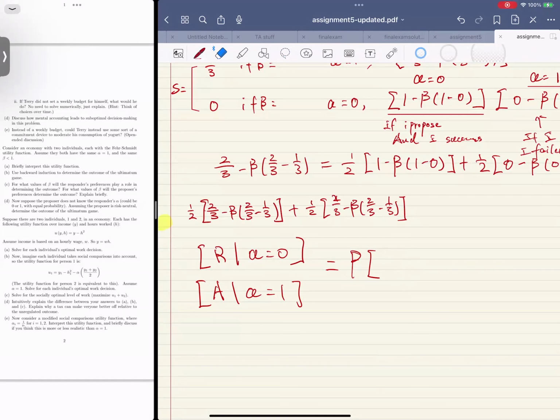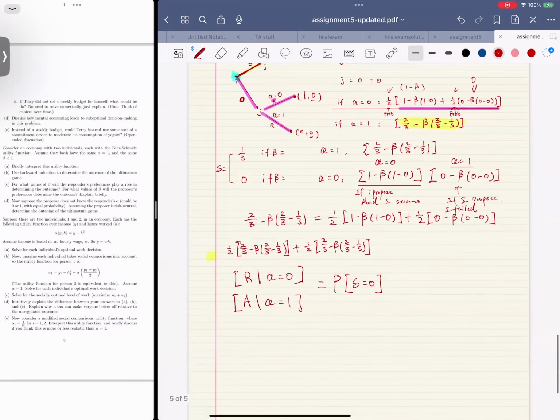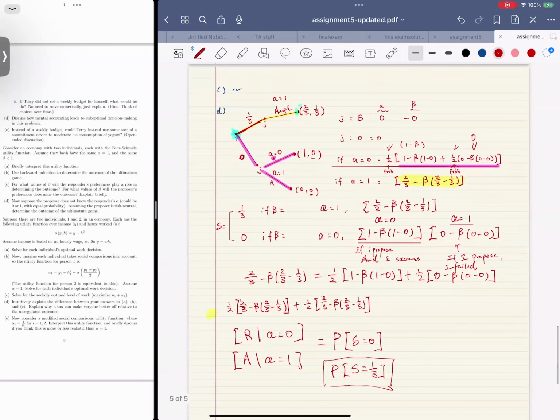Right? Because the probability of S equals to 1/3 is already determined. When S equals to 1/3, it doesn't matter what alpha J will have, because J will always accept, because that's the S min.